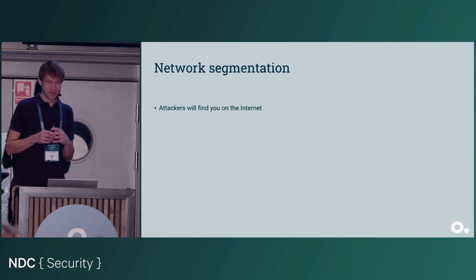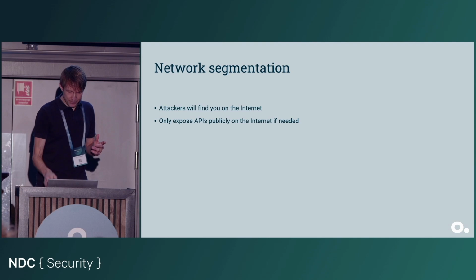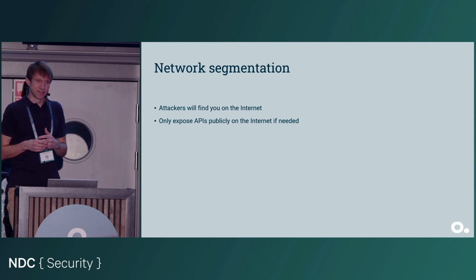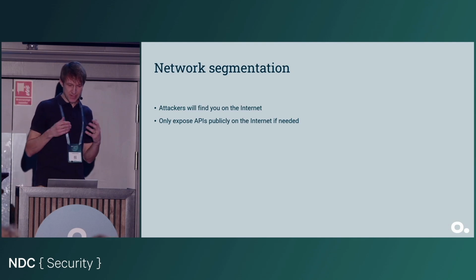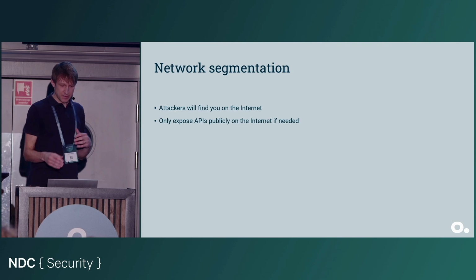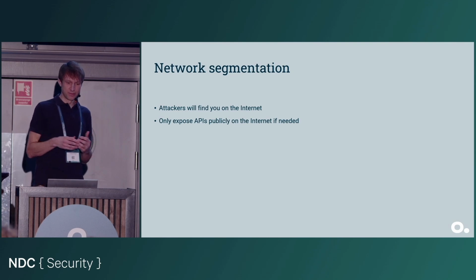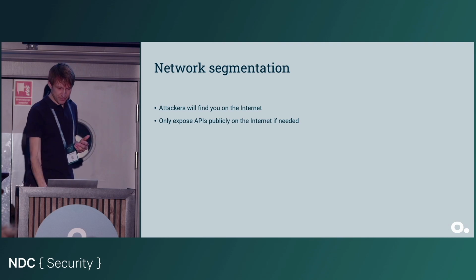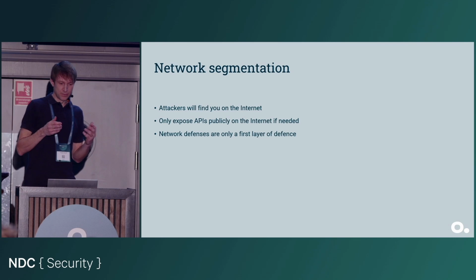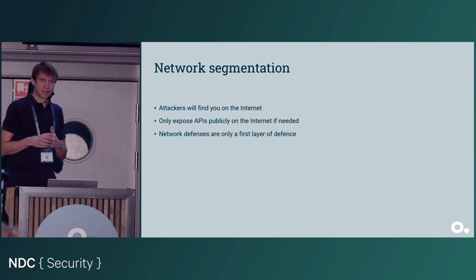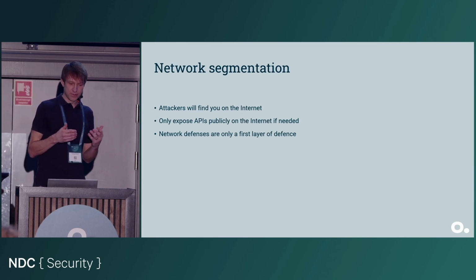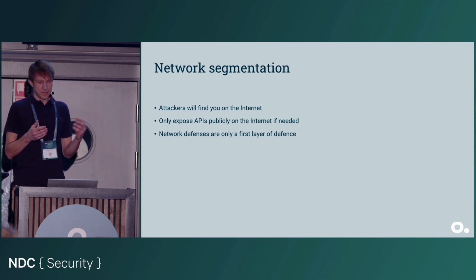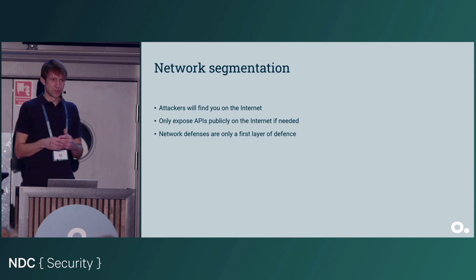Attackers will find you on the internet, so only expose APIs publicly if you need to, and use private networking to avoid a lot of those garbage requests that will hit public endpoints. But if you do apply that, remember that network defenses are just the first layer of defense, and you should never assume that all clients on the network are trusted.